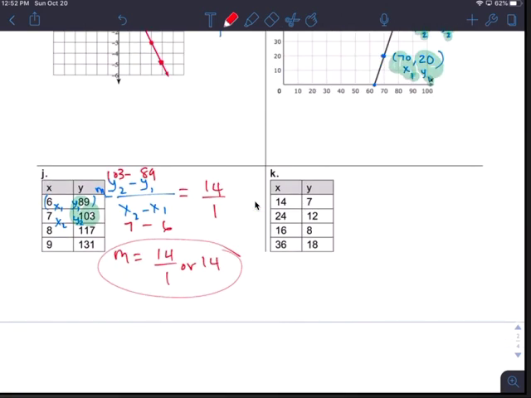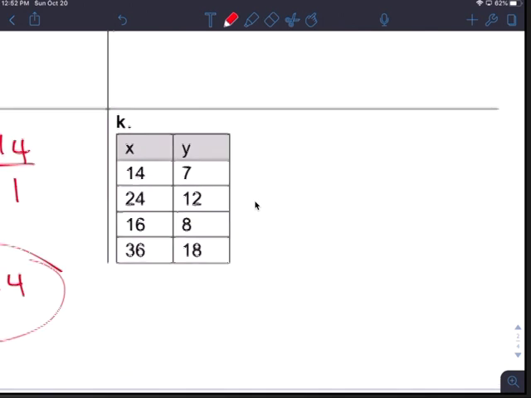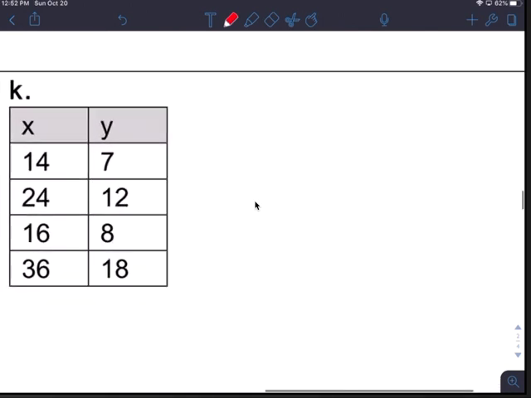Last one, same thing. They numbered this all weird. So I'm going to choose this one and this one. They're close. 14 and 16 are close together. You see? So I'll be X sub 1, Y sub 1. X sub 2, Y sub 2. You get the same answer no matter which one you choose.